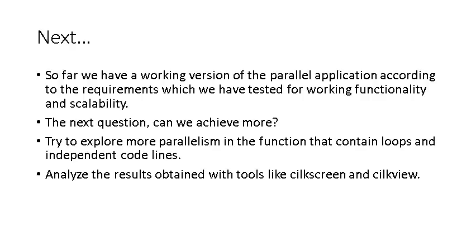We will do a deeper analysis of the functions in order to see if it's possible for other functions to explore more parallelism. Naturally, this will be done with the tools that are available, like Cilkscreen to detect data race conditions, and Cilkview to detect the level of parallelism.